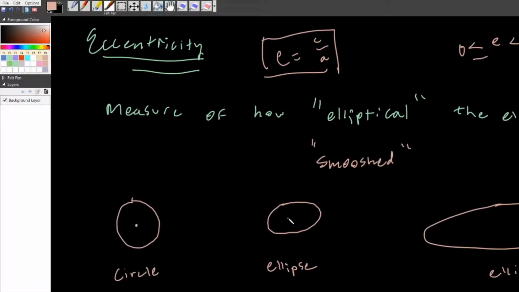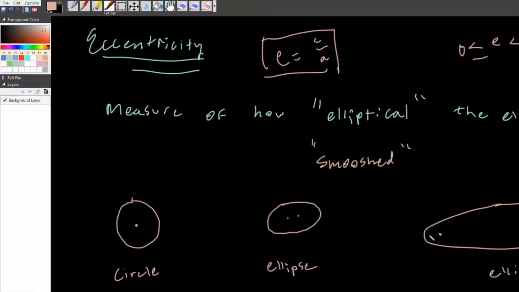On an ellipse, as they start to get more elliptical, the foci go out. And notice, in proportion to the major axis, it's not very much here, but it's quite a lot here. So that's why this will continue to approach 1 as your ellipse stretches and stretches.